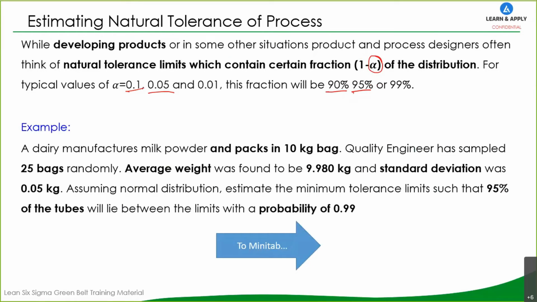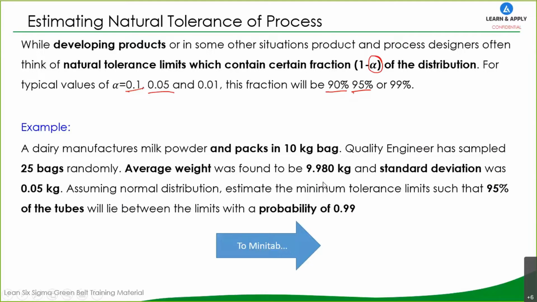Now let's take an example of how to calculate this in Minitab. A dairy manufactures milk powder and packs it in 10 kg bags. The quality engineer has sampled 25 bags, so the sample size is 25.